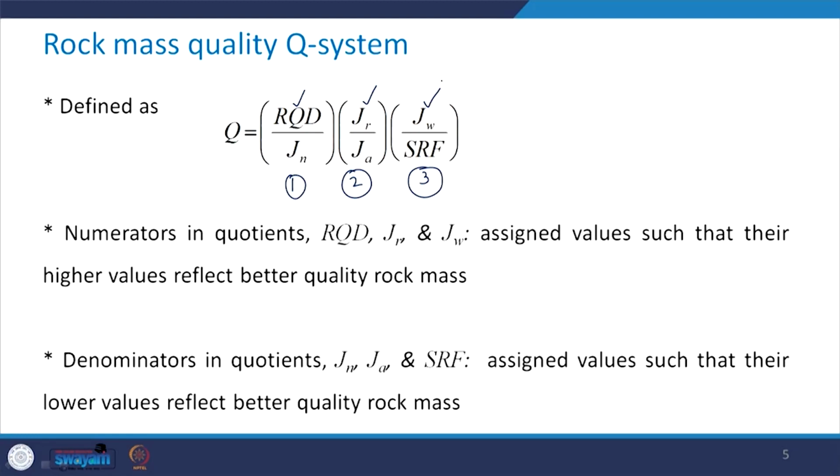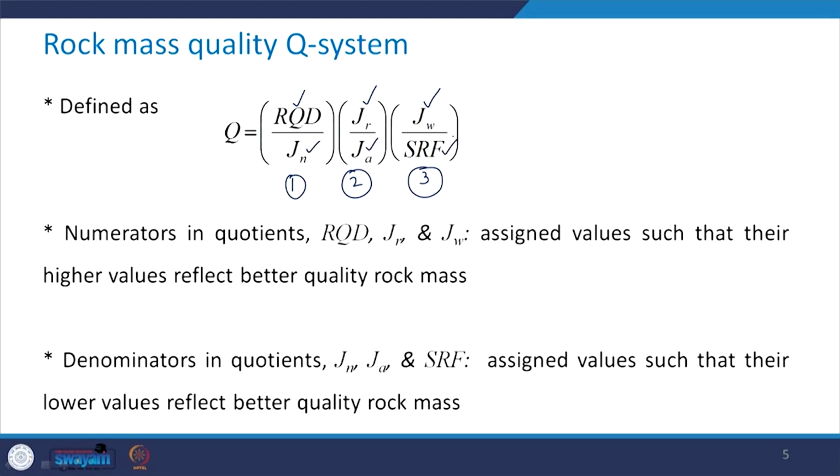So, higher values will give me the higher value of Q, and we have seen that if this Q index is higher, it represents better quality of rock mass. But this Q is also inversely proportional, or there exists an inverse relation with the denominators of these quotients, like Jn, Ja and Srf.